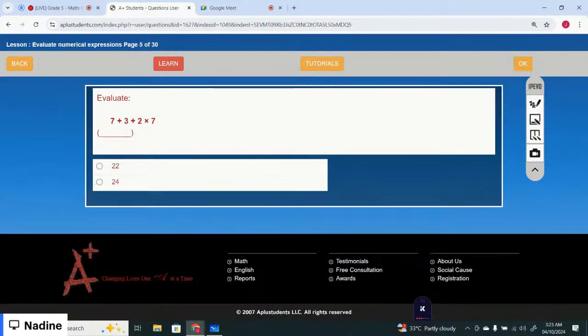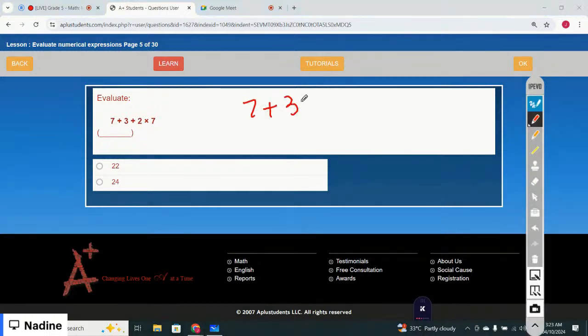The next one is 7 plus 3 plus 2 times 7. You have addition and multiplication. Multiplication has higher priority over addition, so you perform multiplication first. That is 7 plus 3 plus 14, since 2 times 7 is 14. Now you simply have to add. The correct option is 24. Option number 2 is the correct option.